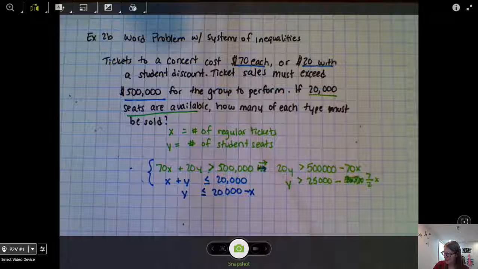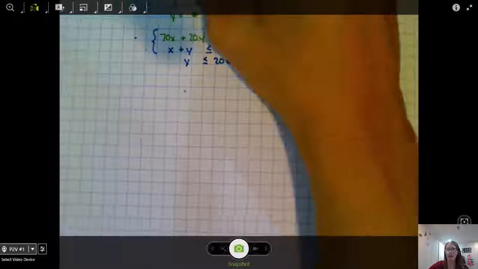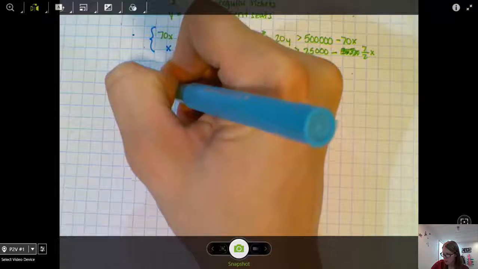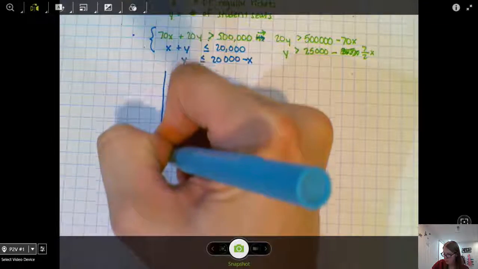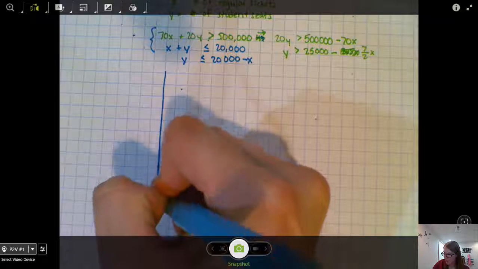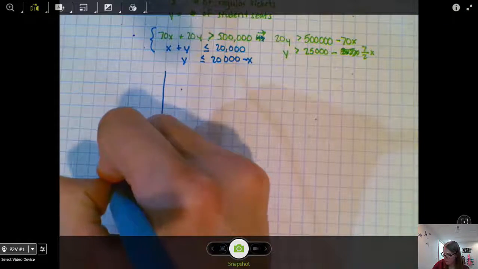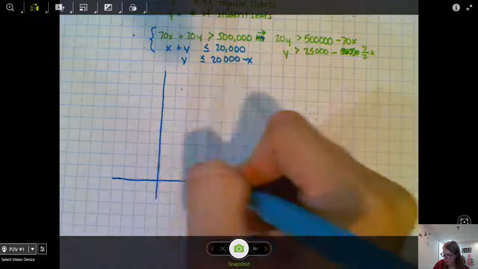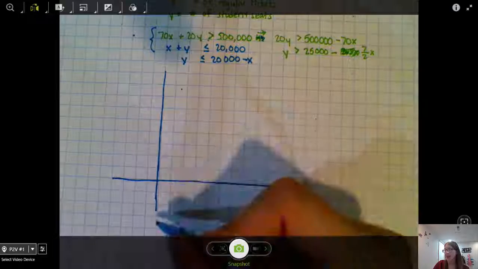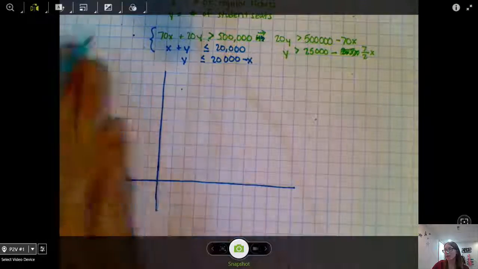All right, so again, we have some pretty big numbers that we are working with here, but that's okay. We'll just have to adjust our scale on our x and y axes accordingly. And like that last problem, example 1a, I'm not going to go negative to the left or down below, because we're not going to have a negative number of regular tickets.